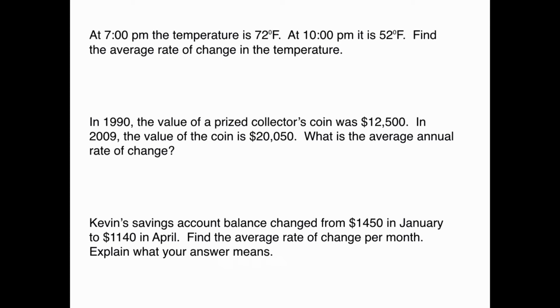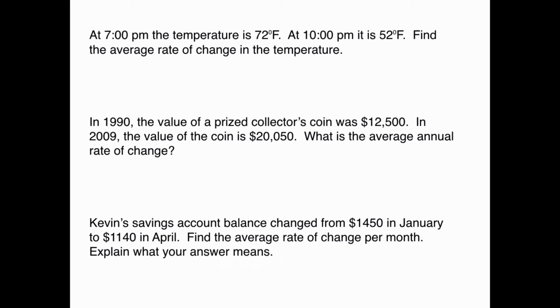All right, let's take a look. At 7 p.m., the temperature is 72 degrees Fahrenheit, and at 10 p.m., it is 52 degrees Fahrenheit. Find the average rate of change in the temperature. Now, in order to do this, you need to identify your inputs and your outputs, or your independent and dependent variables. Now, as time moves from 7 p.m. to 10 p.m., the temperature fluctuates.